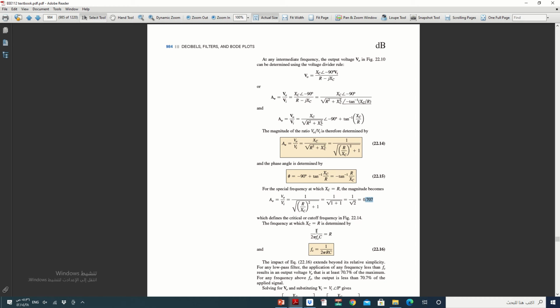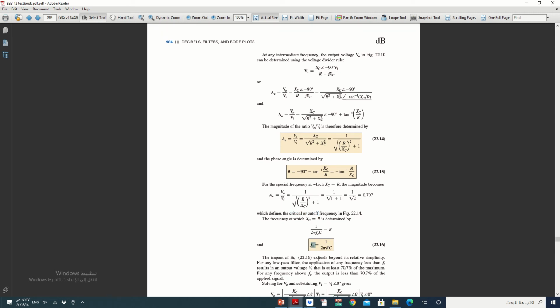This means if the impedance of the capacitor equals the resistor, we can find the value of the cutoff frequency, called the cutoff frequency or critical frequency. We replace XC by R, and R becomes the numerator, so fC equals 1 over 2 pi RC. This is how to find the value of the cutoff frequency.